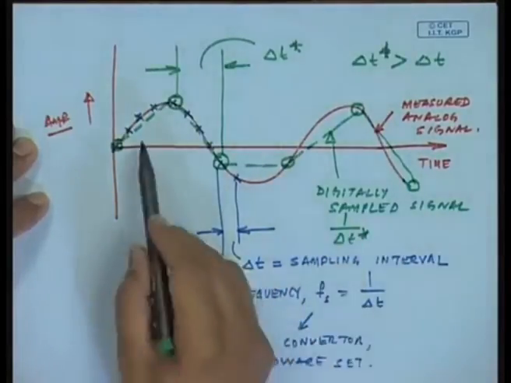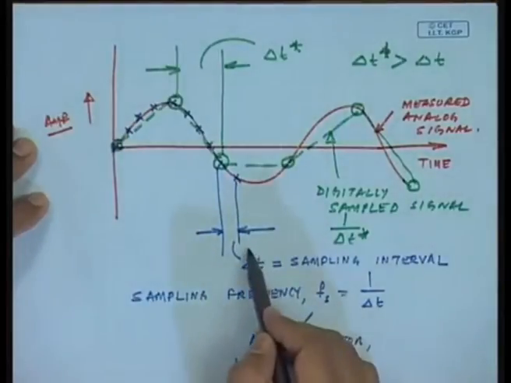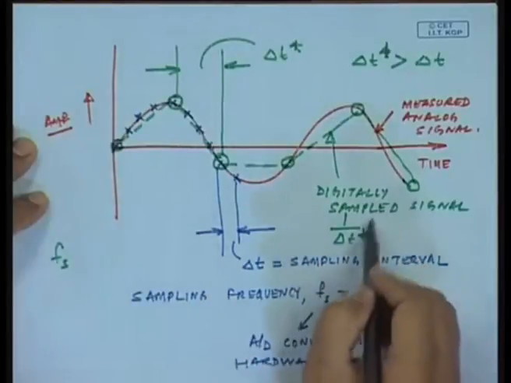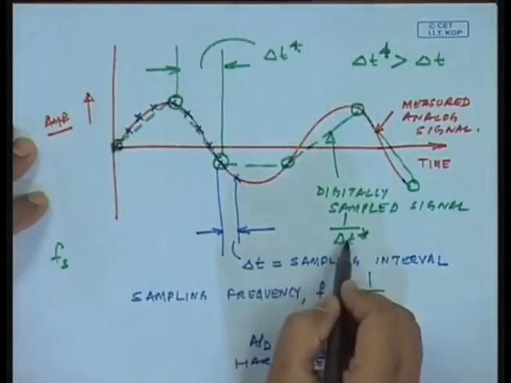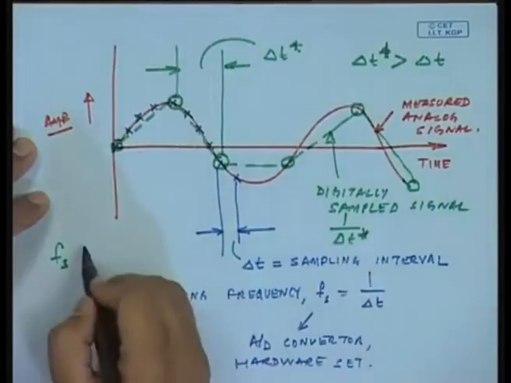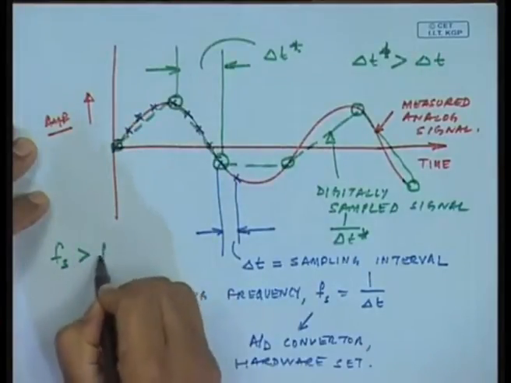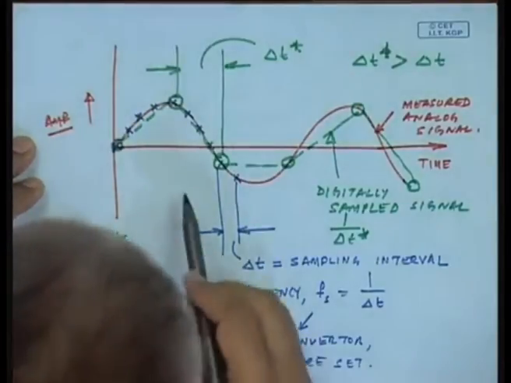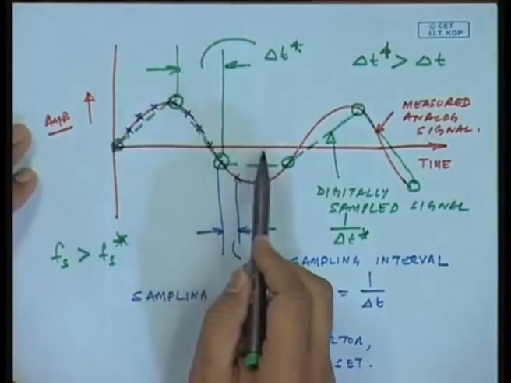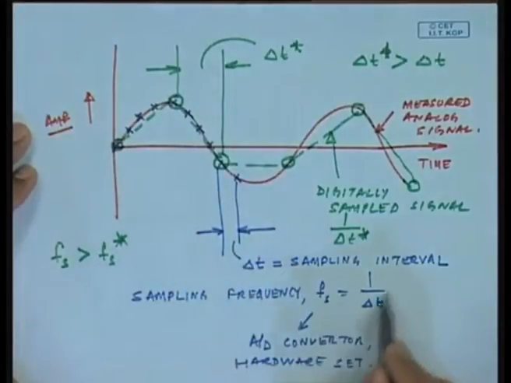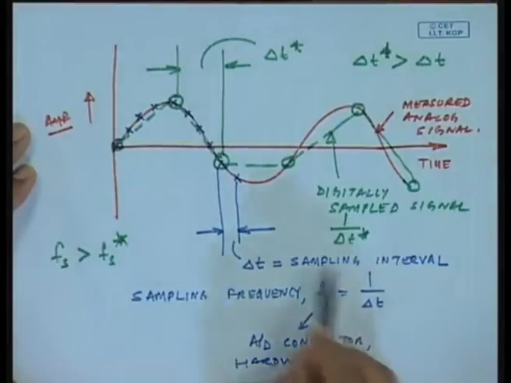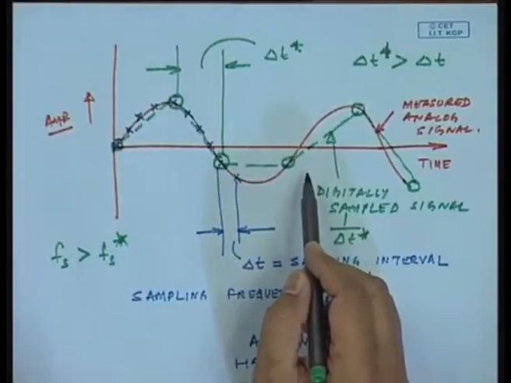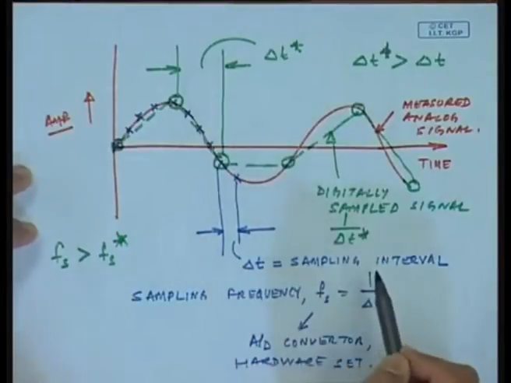So, that means, the original blue I had shown with delta t, it had a sampling rate f s, and the new one is at a sampling rate lesser than f s. f s is greater than f s star. So, you see here that obviously, this sampling interval or sampling frequency plays a role in the representation of the actual measured analog signal.